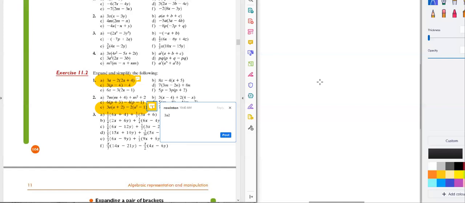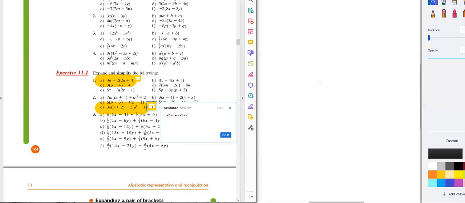I cannot type a square, I'll just put 2 here. So 3a squared plus 3a times 2, you get 6a. Then followed by negative 2 times a squared, so you get negative 2a squared. Then after that, negative 2 times negative 1 gives positive 2.